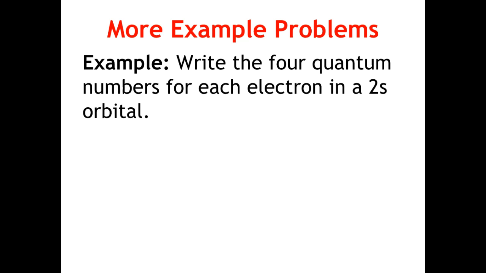Well, here we go again. What's the n? Well, it's given right there, Mr. Miller. It's that simple. N is 2. How about L? Do you remember what S is for L? It's 0. M's of L would therefore be 0 as well.